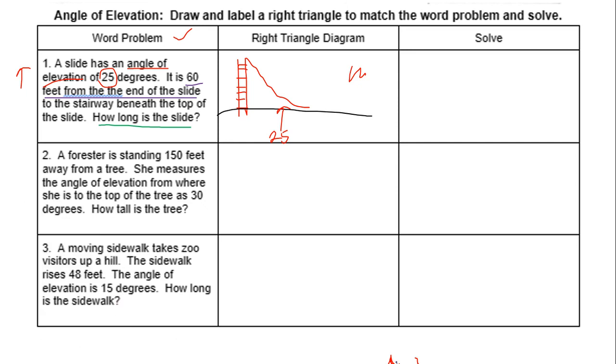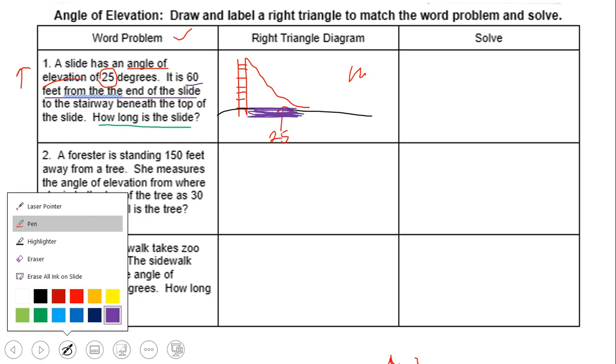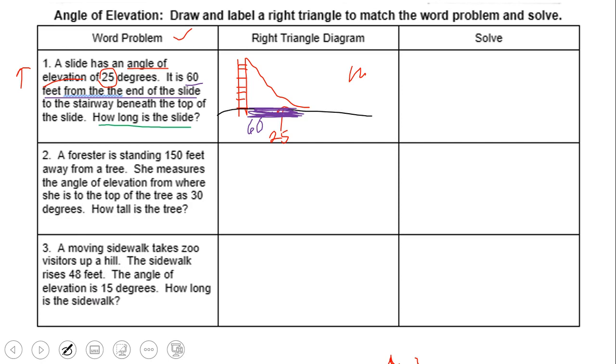So this would be the end of the stairs to the end of the slide. This part of my picture is going to be 60. And the question is, how long is the slide? That's this part right here.